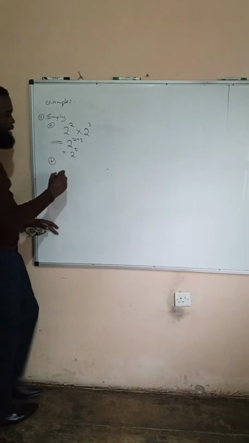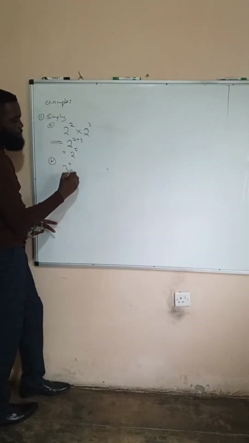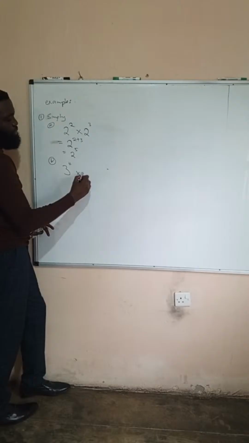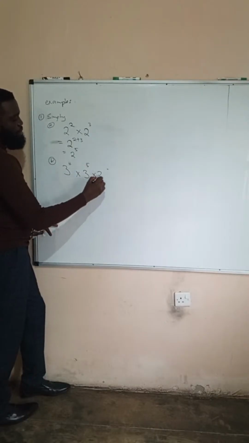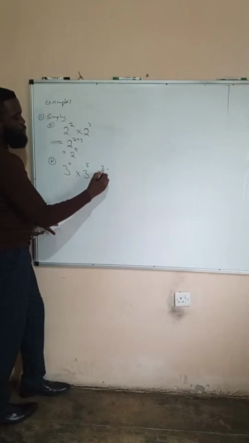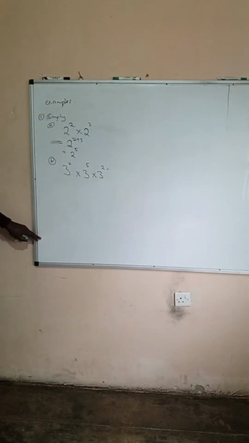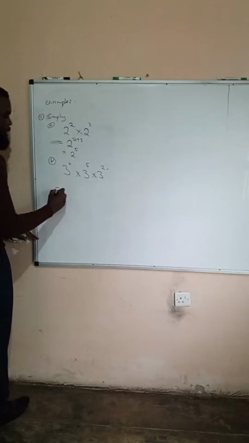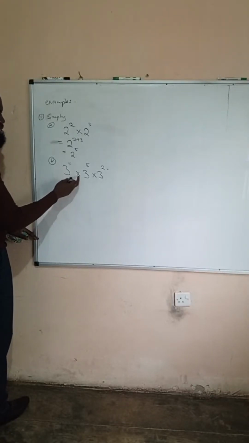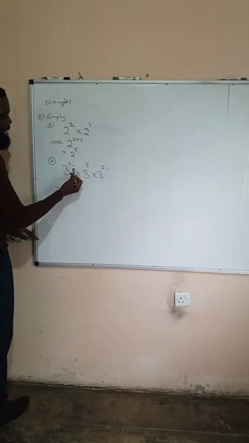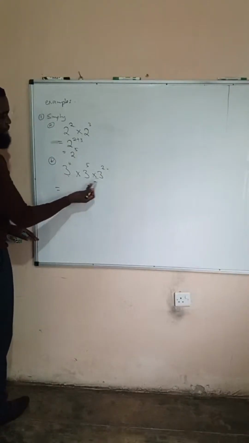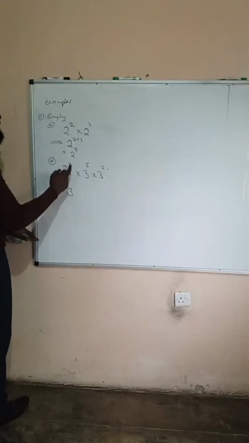The second example, 3 to the power 4 times 3 to the power 5 times 3 to the power 2. How do you solve this? You check the base first. I'm multiplying powers having the same base. The base is same. Maintain the base, but add the powers.